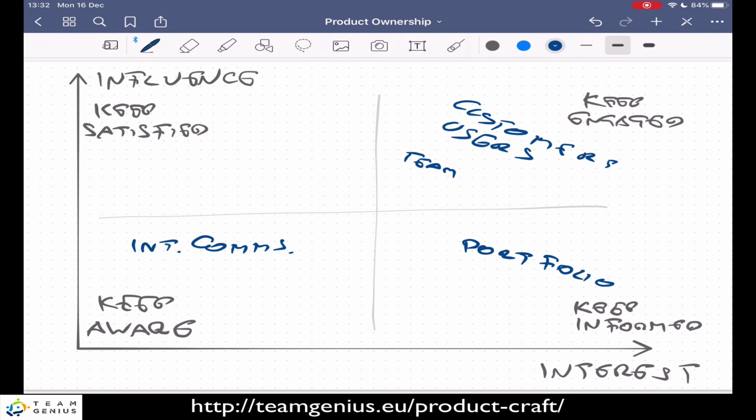So let's say there are some senior management stakeholders who have a lot on their plate. They do have high influence in the organization, but perhaps they're not as interested as other groups. So we want to keep them satisfied and perhaps involve them in stakeholder groups. So those are roughly 4 different types of stakeholder groups that we have mapped now.